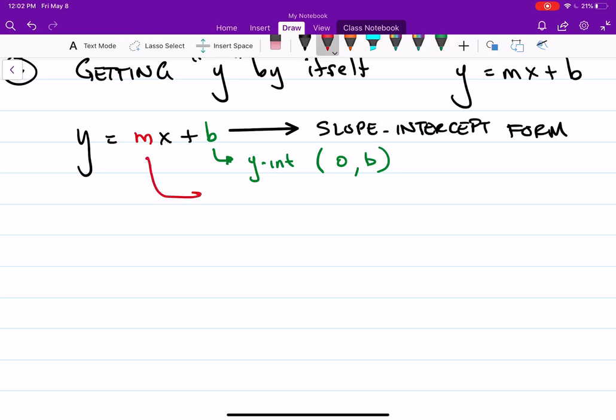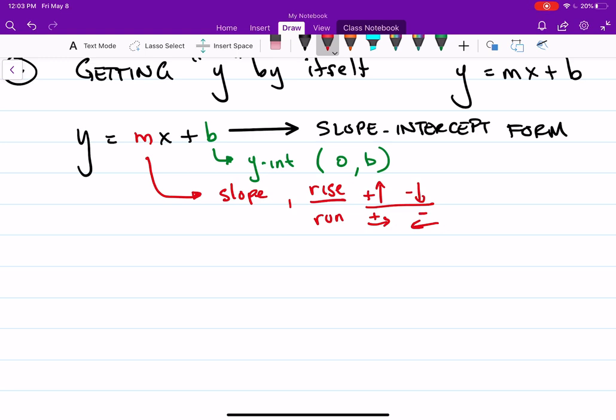And the m is my slope, or as they would call it, rise over run. Okay, so rise over run, what do I mean? So rise is up and down. If I go up it is positive, if I go down it is negative. And run is to the left and right. If I go right, it'd be positive. If I go left, it'd be negative.